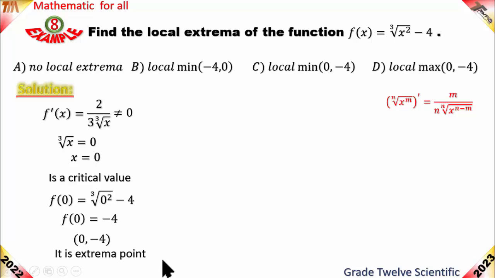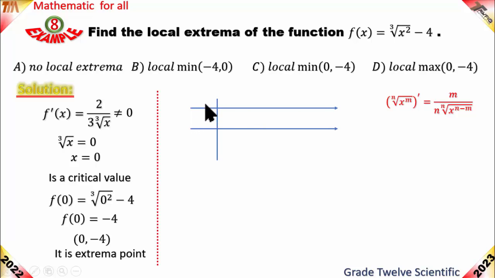To find if it is a maximum or minimum, we must draw the table of values. X is from minus infinity to positive infinity and 0 is a critical value.